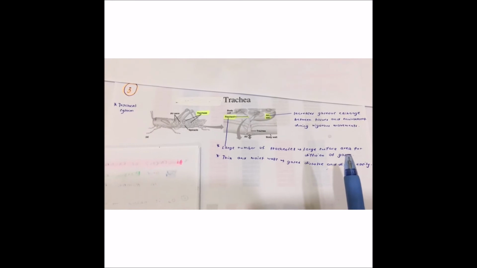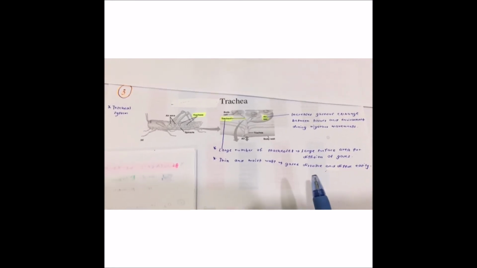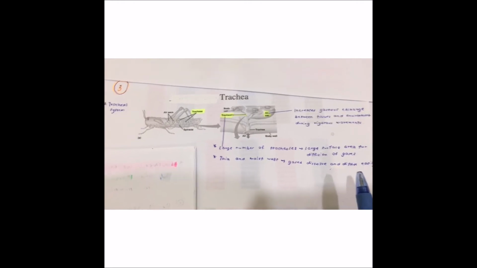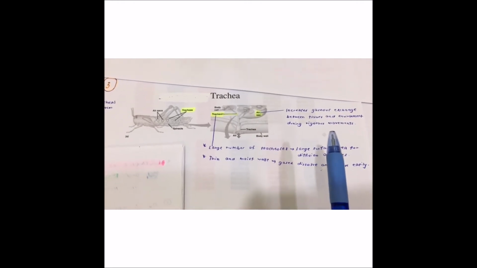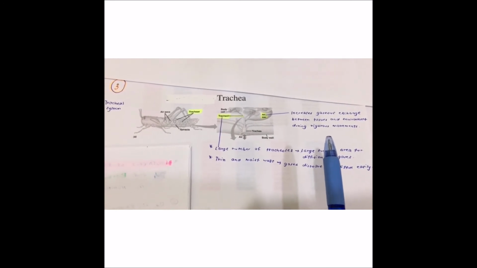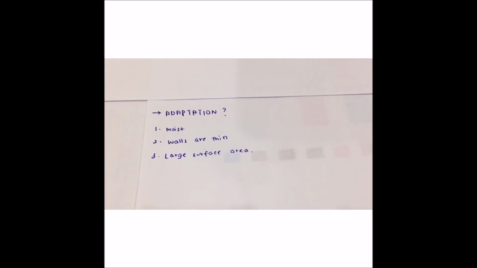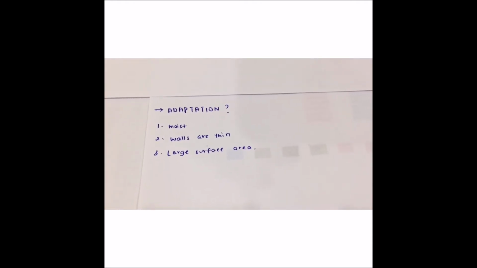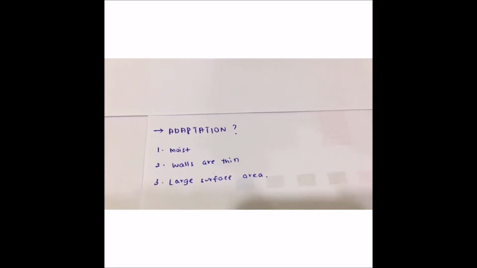The thin and moist tracheal walls enable respiratory gases to dissolve and diffuse easily. Larger insects like grasshoppers have air sacs to increase gases exchange between the tissue and the environment during vigorous movements.